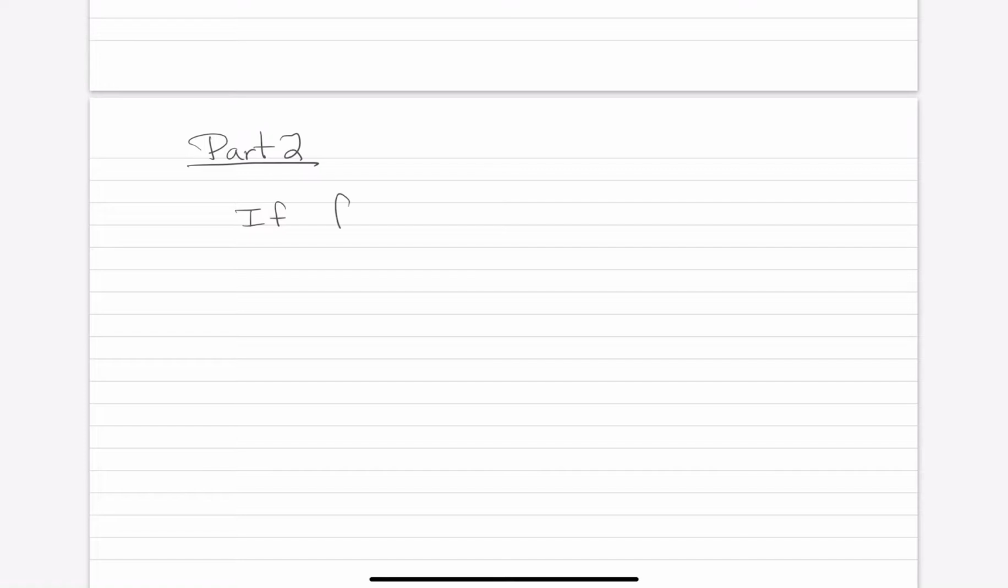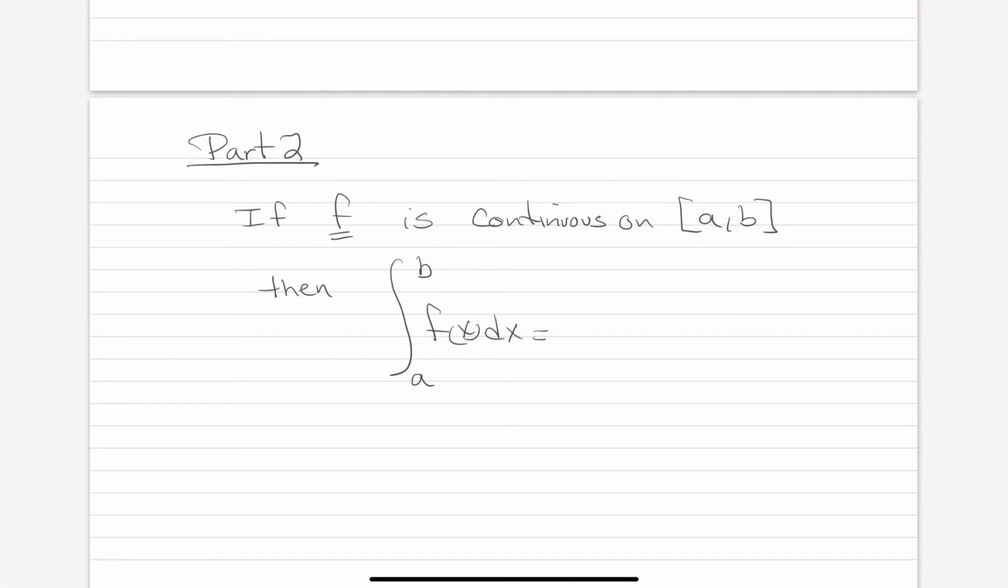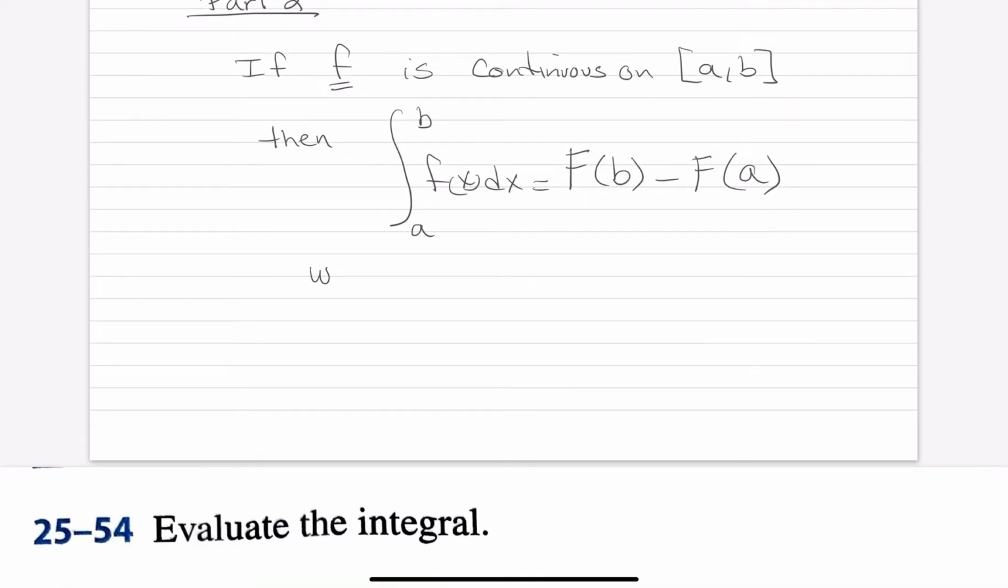So it says if lowercase f is continuous on the closed interval from a to b, then we can write that the integral from a to b of f of x dx is capital F evaluated at the upper limit minus capital F evaluated at the lower limit, where that capital F is the antiderivative of that lowercase f, right?